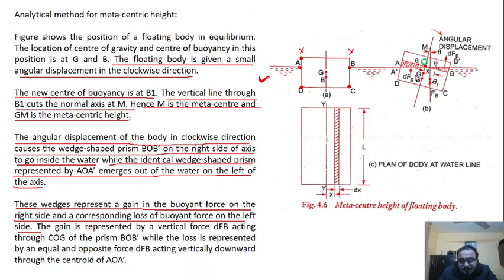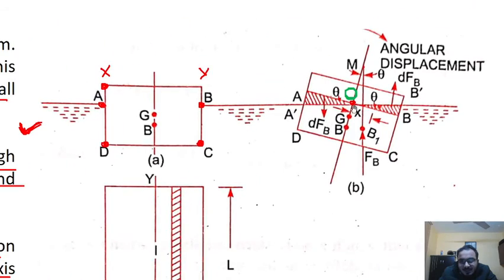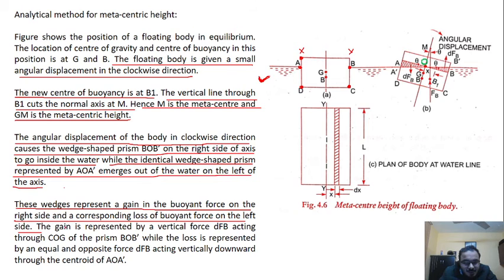The second wedge, AOA prime, has come out of the water, so here we have a loss of buoyant force. The gain is represented by a vertical force dFb acting through the COG of prism BOB prime.